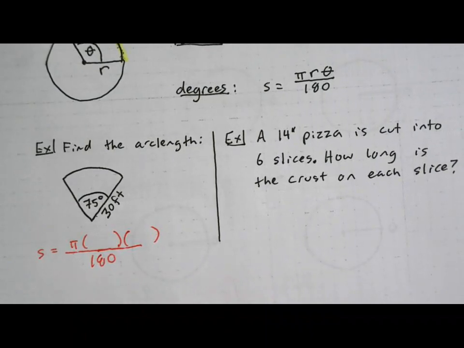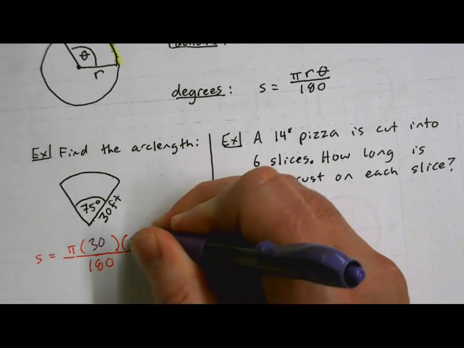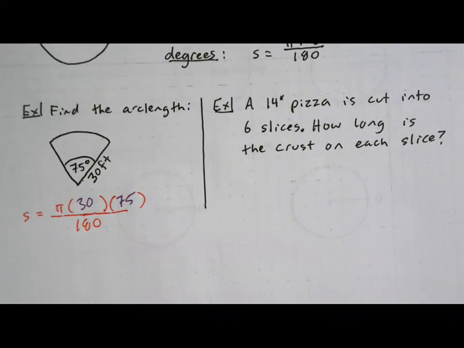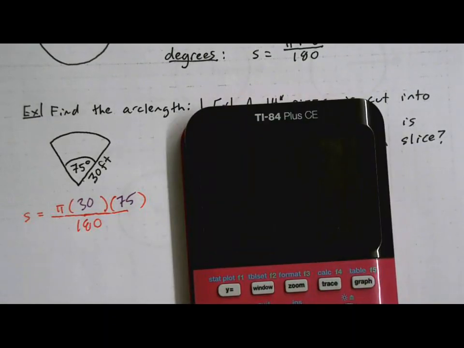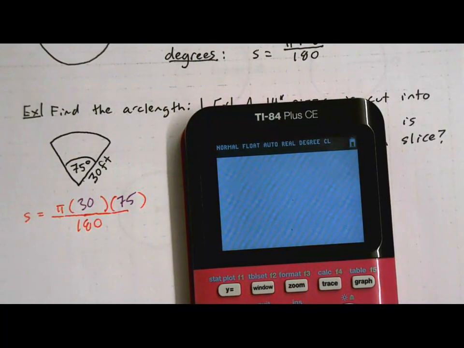All right, so R comes next, is 30. Theta is 75. And if we wanted a decimal value, I would just type that into the calculator. If I want an exact value, then I would want to simplify my fraction. You know what's wonderful about these calculators, though, is they'll simplify fractions for you. You guys know that, right? If I were going to do this as an exact value, here's what I'd type in my calculator.